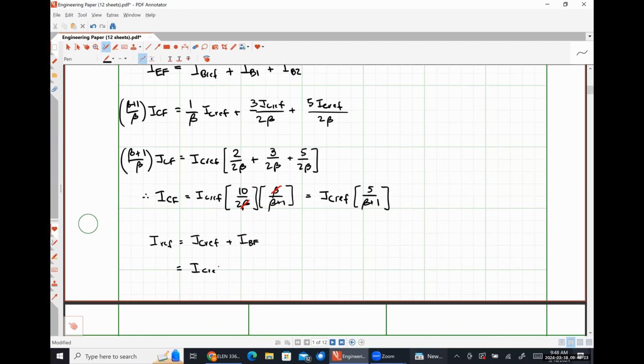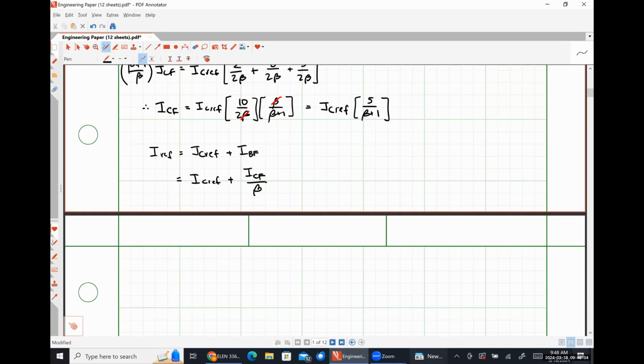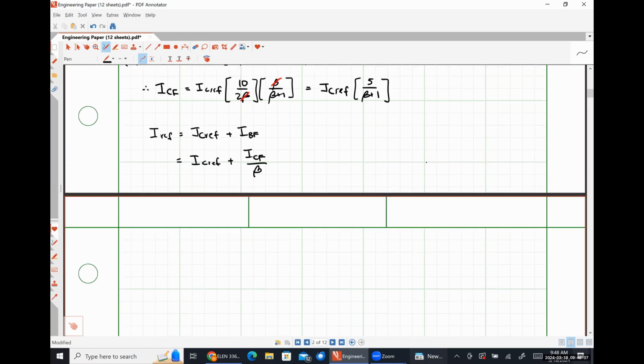So we're going to have ICREF plus ICF over beta. Then substituting in our relationship for ICF that we got by applying Kirchhoff's current law at the node I circled in red, this is going to look like ICREF plus ICREF times 5 over beta times beta plus 1.